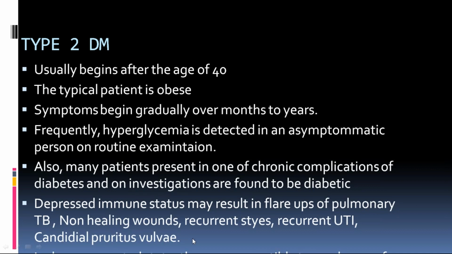So they may present with these, and mostly the ultimate complication of type 2 diabetes mellitus is HONK, hyperosmolar non-ketotic coma. Usually type 1 diabetes mellitus patients end up in diabetic ketoacidosis. Not that type 2 diabetes mellitus patients can't land up in DKA, but HONK is more commonly found. So that comes to the end of the presentation.